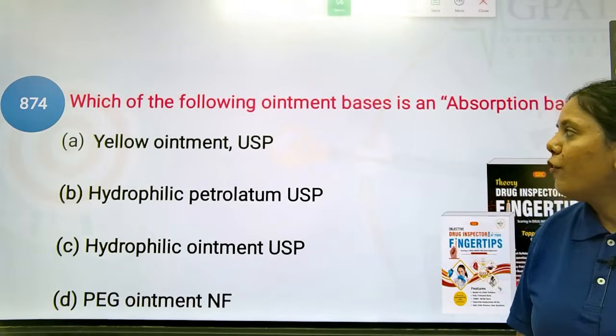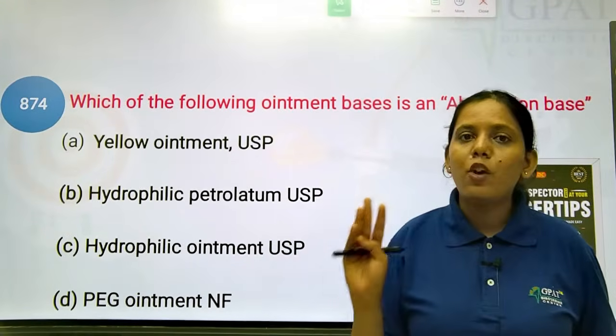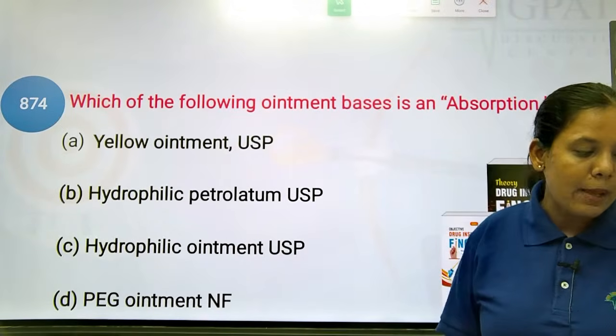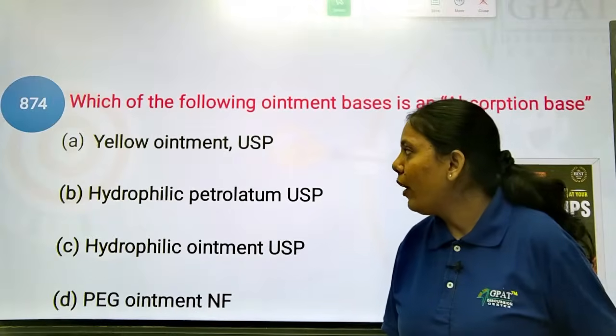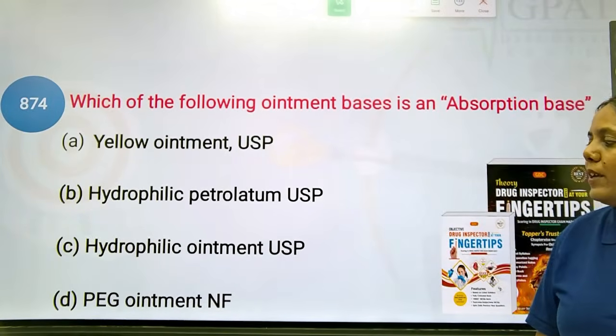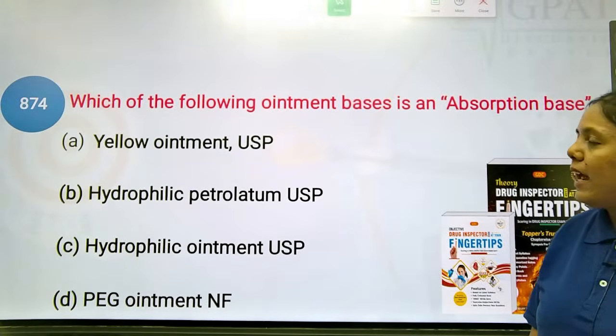Next is, which of the following ointment base is an absorption base? Four types of ointment bases are there. Out of this, which of the following is an absorption base? Yellow ointment USP, hydrophilic petrolatum USP, hydrophilic ointment USP, or polyethylene glycol ointment NF.